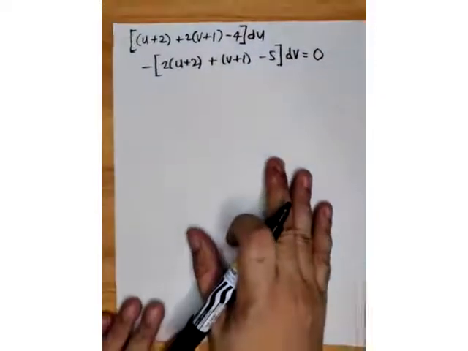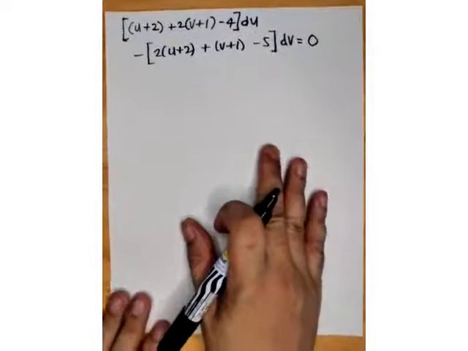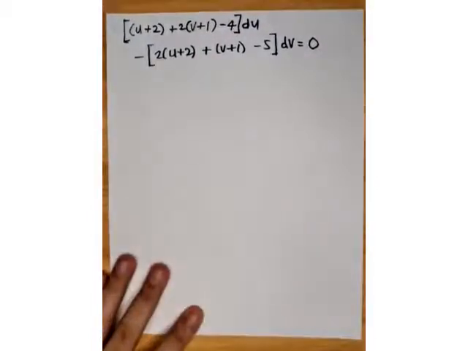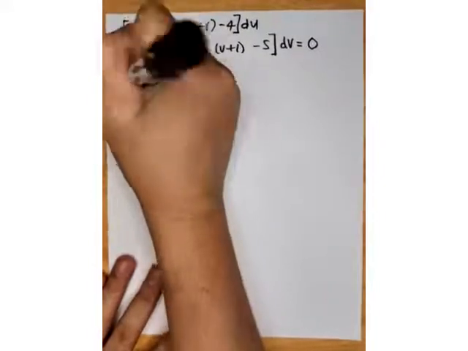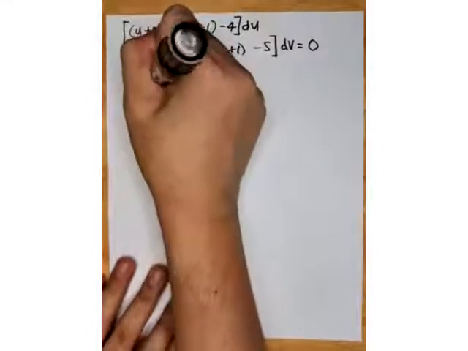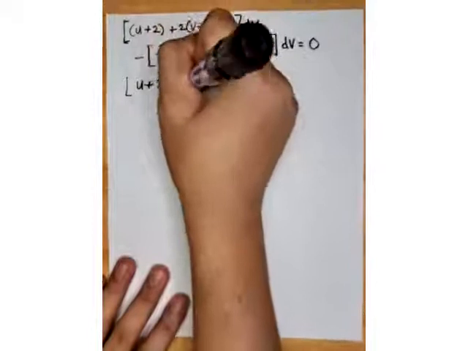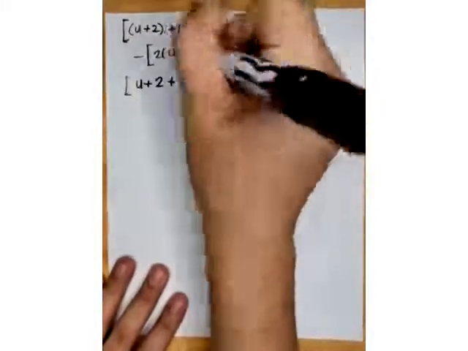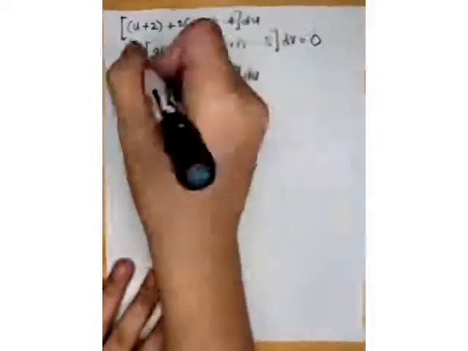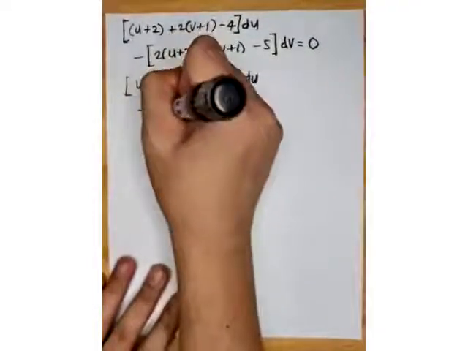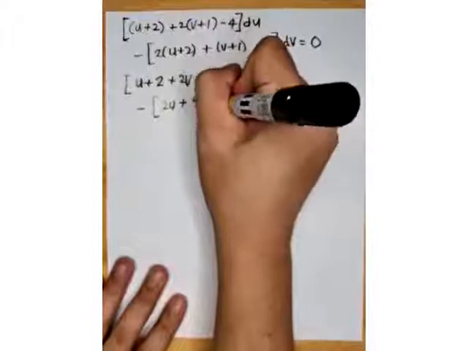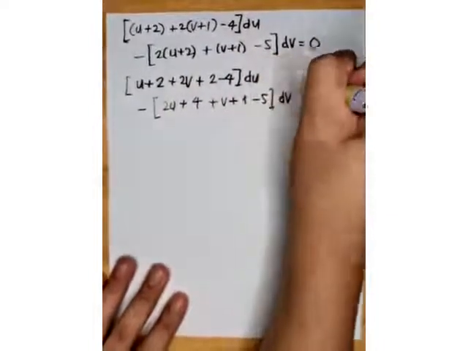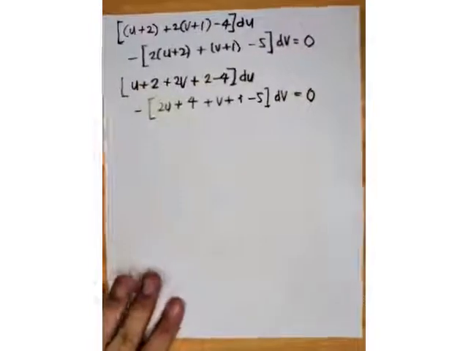Okay? So yan na. And then we simplify. So ito ay magiging u plus 2 plus 2v plus 2 minus 4 du minus quantity 2u plus 4 plus v plus 1 minus 5 dv is equal to 0.